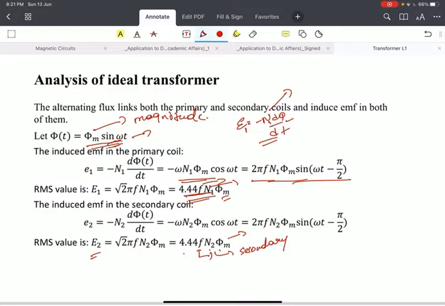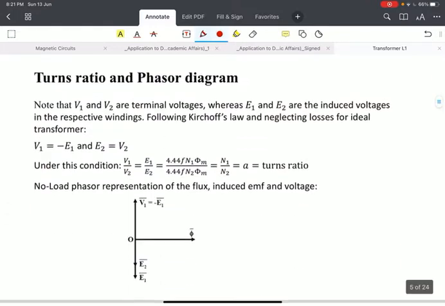So we can write that E1 is equal to 4.44 f N1 phi m, and E2 is equal to 4.44 f N2 phi m. Phi m is the same flux, because the flux linking both primary and secondary is the same. Therefore, we can write it as phi m, where E1 is the EMF induced in the primary coil and E2 is the EMF induced in the secondary coil.